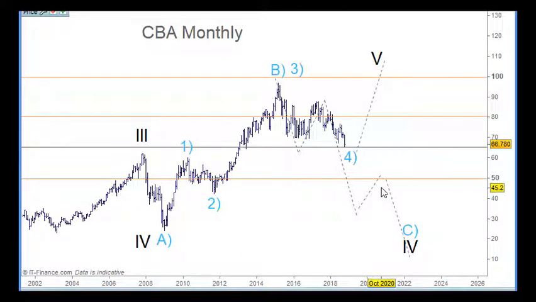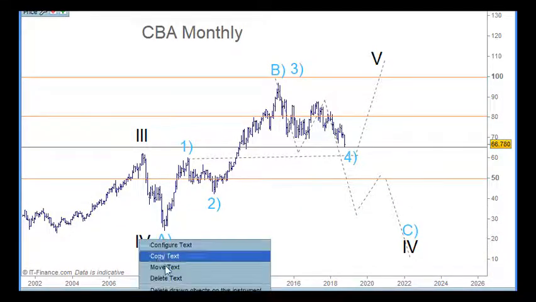That's fine, but with the other banks, WBC and ANZ and so on, this move down through here has overlapped the top of wave 1, which is a bit of a no-no, breaking a rule in Elliott terms. So it leaves the count that we've got.